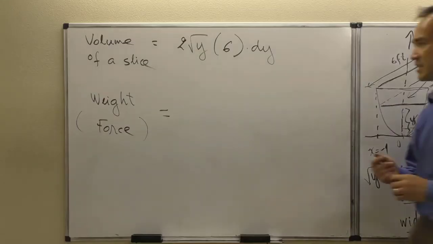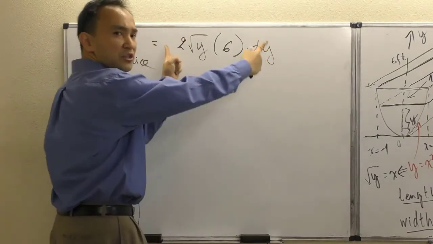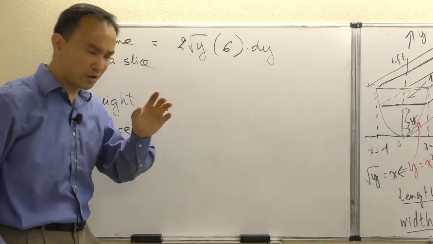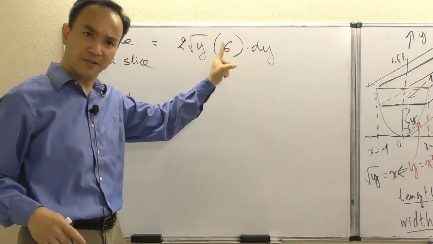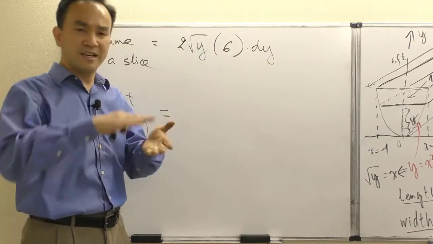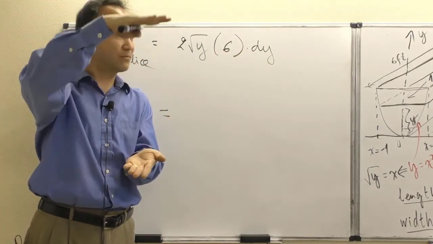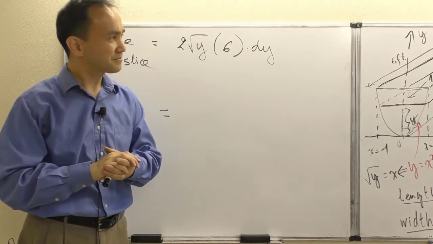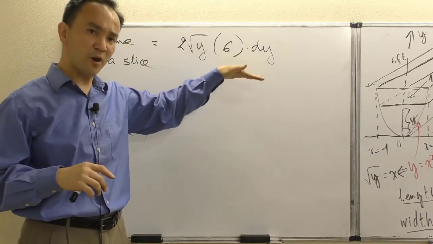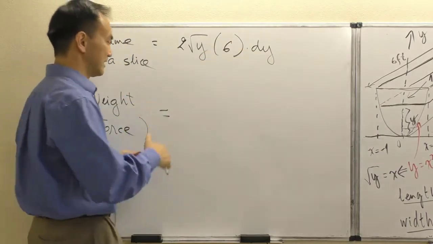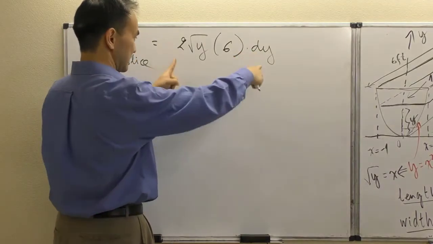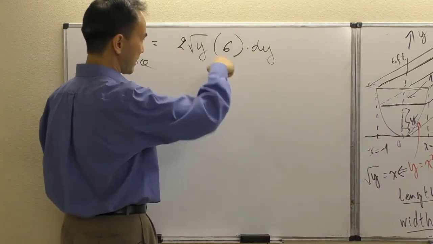So with this volume of one thin slice of water, it's not the same volume each time. It's different as we get deeper, as the current depth of water keeps dropping, and each slice has a volume determined by that formula.